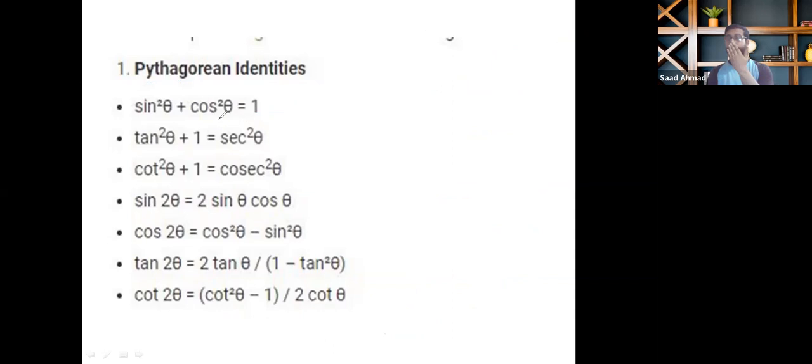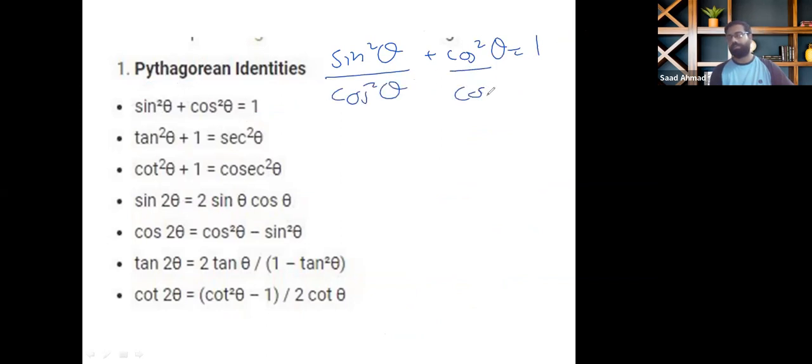Then in the next one, we divided sine squared theta plus cos squared theta equals 1 by cos squared theta.